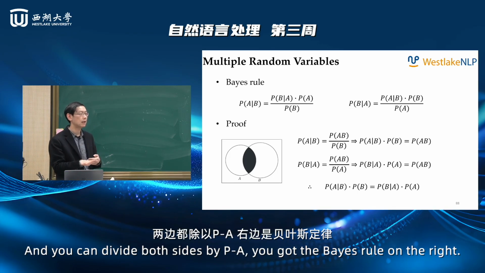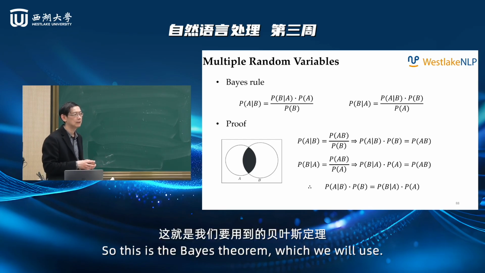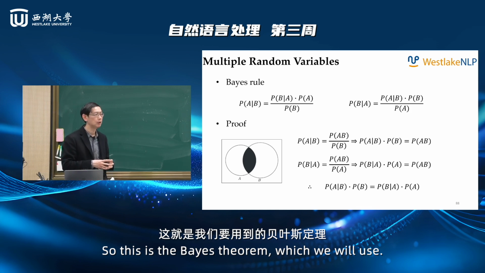And you can divide both sides by P(A), you get the Bayes rule on the right. So this is the Bayesian theorem, which we will use.